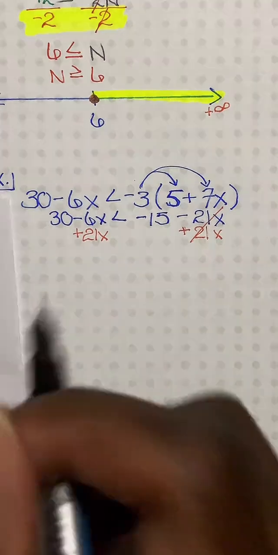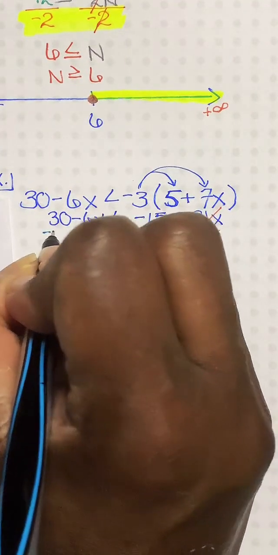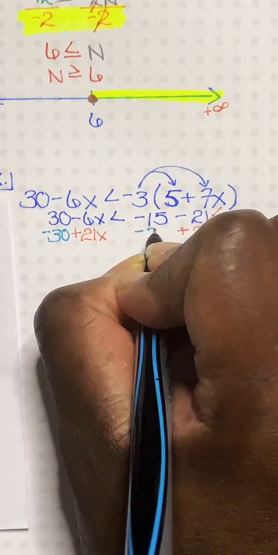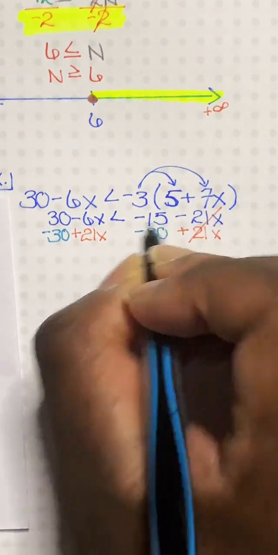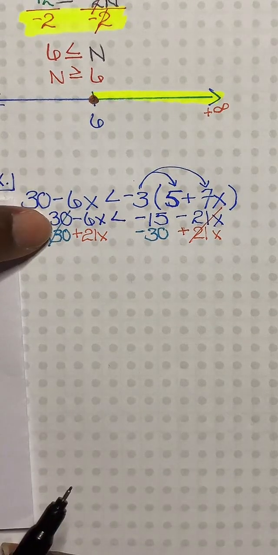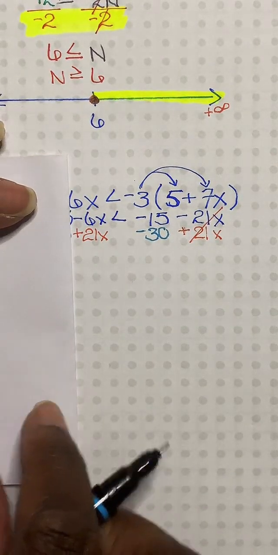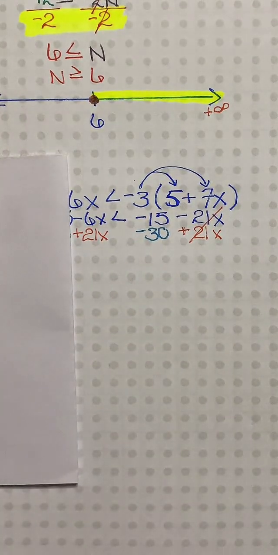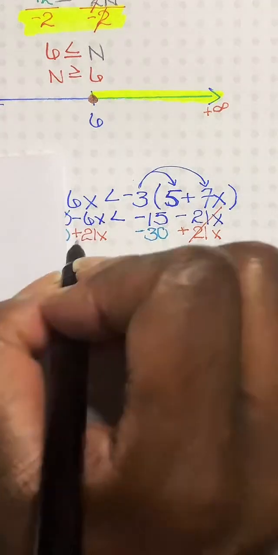I mean, we could subtract this 30. I know we're being so rebellious, putting it all on one line. Because if I subtract the 30, 30 minus 30 gives me 0. But I don't need the 0 because I still have this negative 6 plus 21 to deal with. See how things just kind of even things out a little bit?